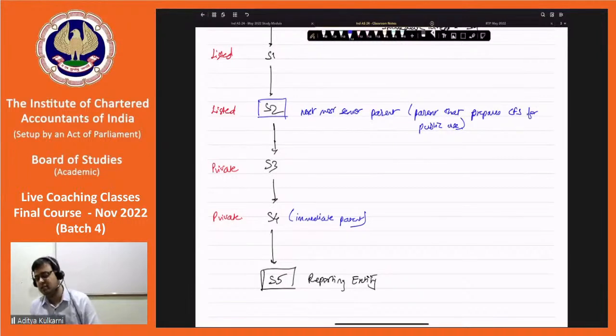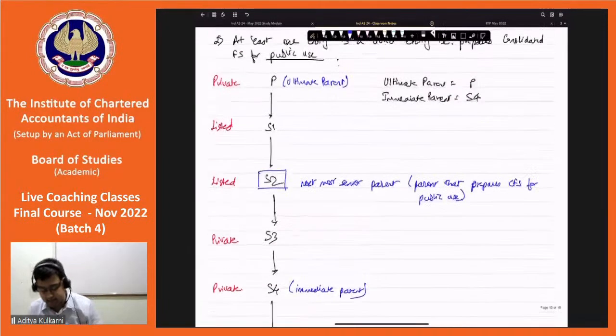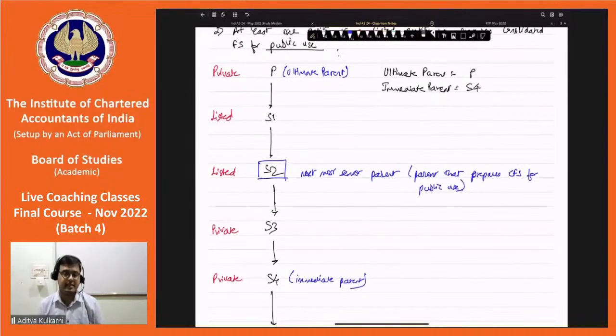That listed entity will become your next most senior parent. If there is no entity which is listed, then this clause itself will not be applicable.